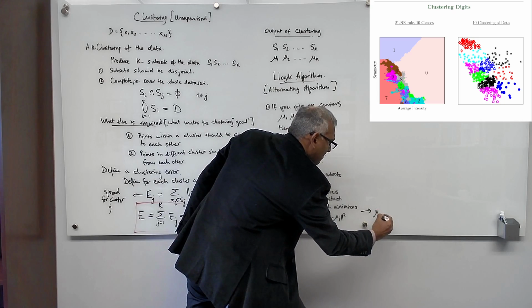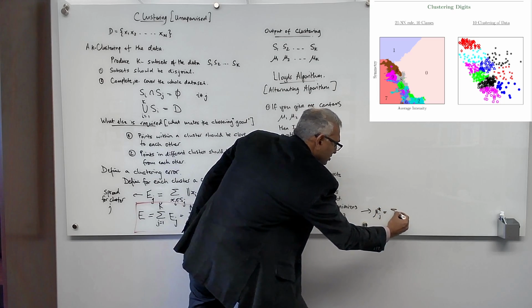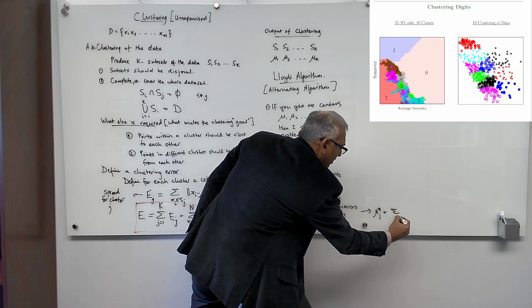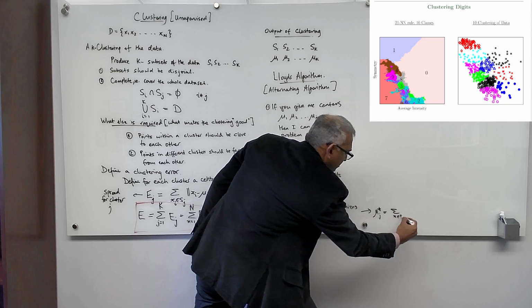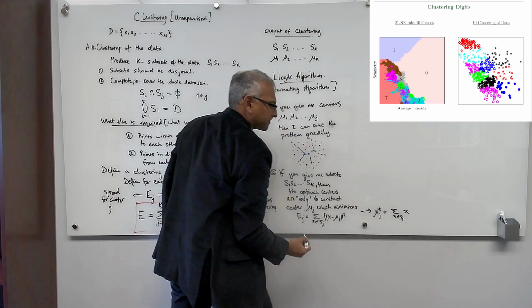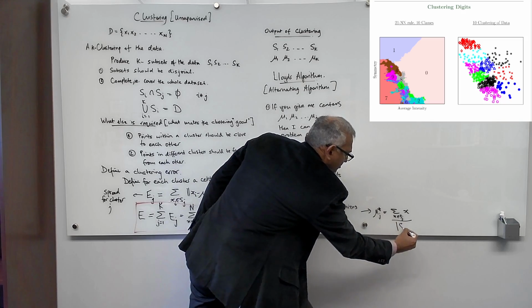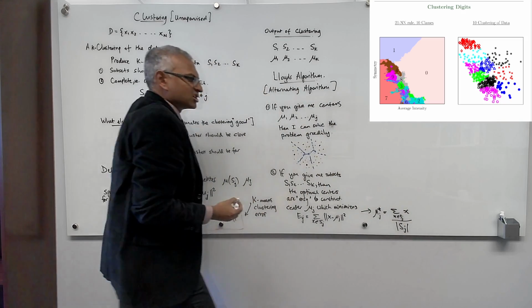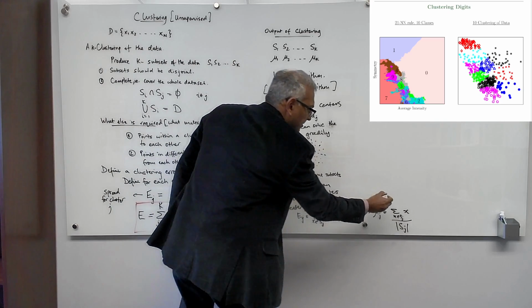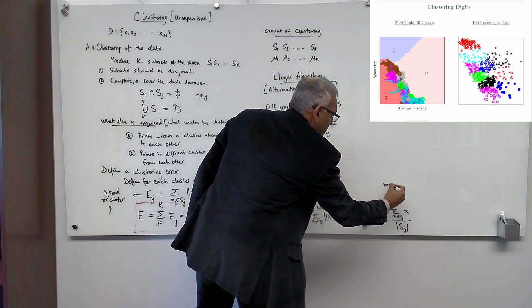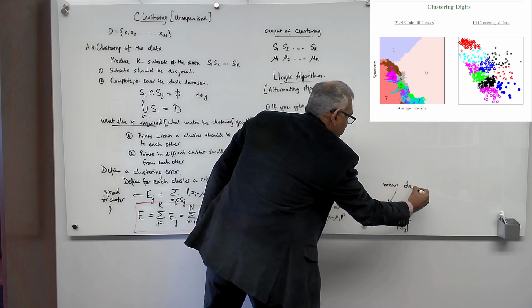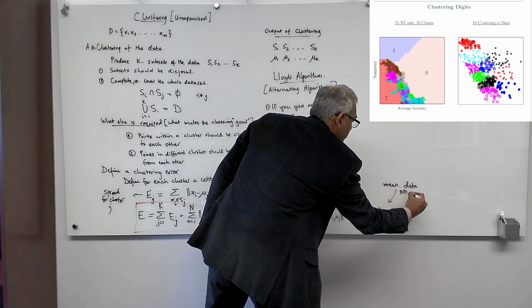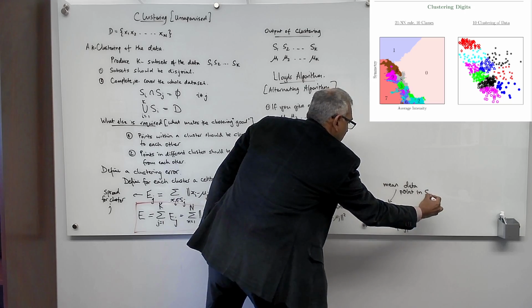So mu j star is equal to the sum over all x in Sj of x, divided by the size of Sj. So it's just the mean data point in Sj.